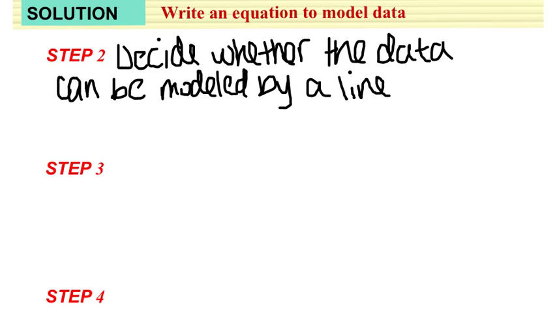And the answer to our example problem is yes, and I already demonstrated that in the last slide. We are able to fit a line there because it shows some type of correlation. In our example, it showed a positive correlation. So then the very next step is to just draw that line, which I already demonstrated. So on your scatter plot, you should try to draw the line that best fits all those points.